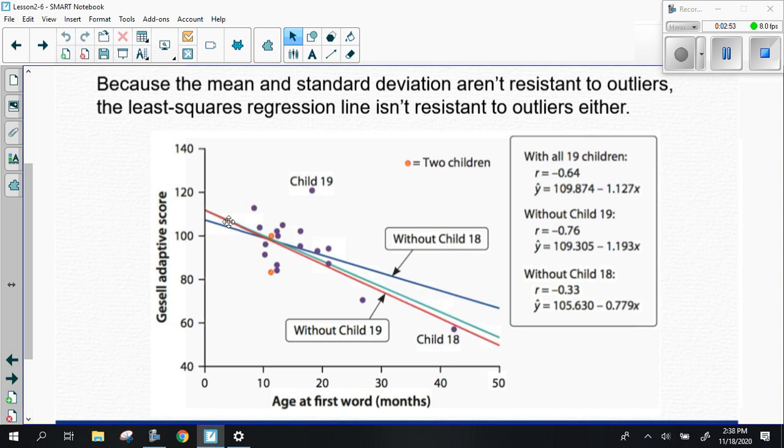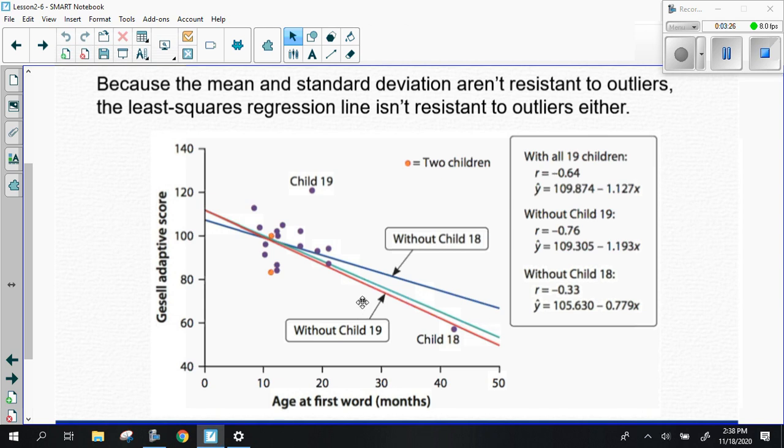Child 18, you can see, is dragging the slope, dragging the line towards it. If we take that child 18 away, you can see this blue line is going to have less of a slope because that point is taken out.